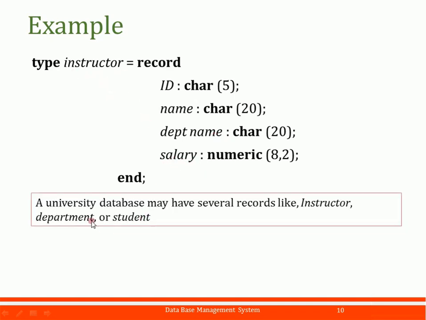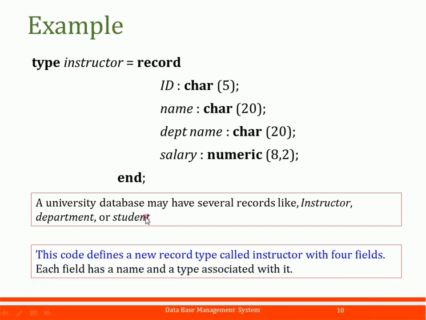So this is a university database which has several records. Like this is one particular record. Instructor is a particular record, and you have department record, student record, etc. that store the data of the instructor, department and student respectively.